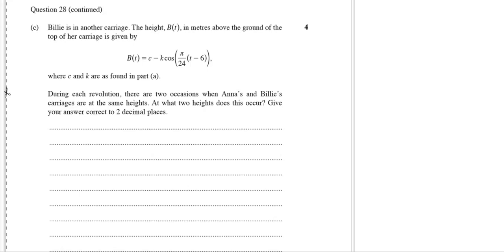All right, so let's make sure we understand the structure of this question. We know that there's an A of t, which is all about Anna, and that is c minus k cos pi t on 24. So that's describing Anna, and this is describing Billy.